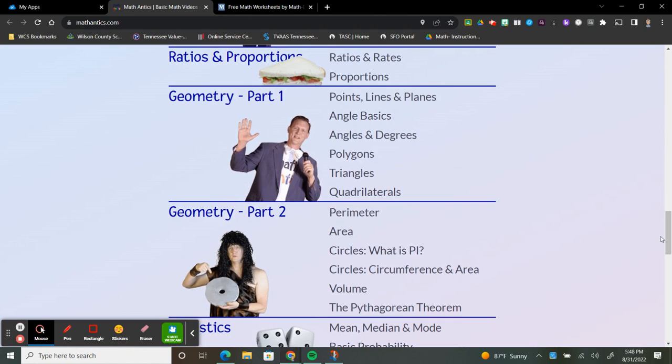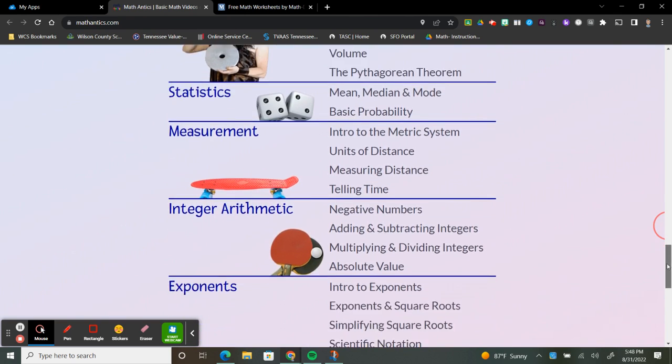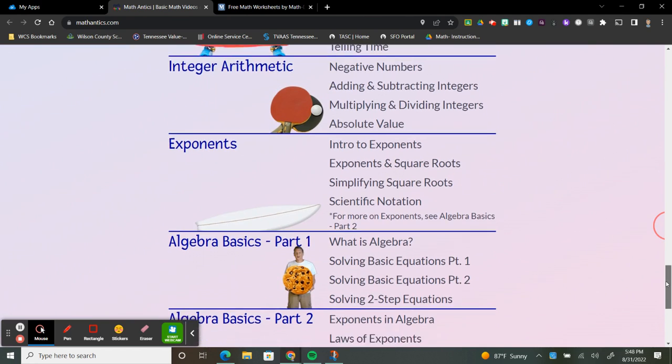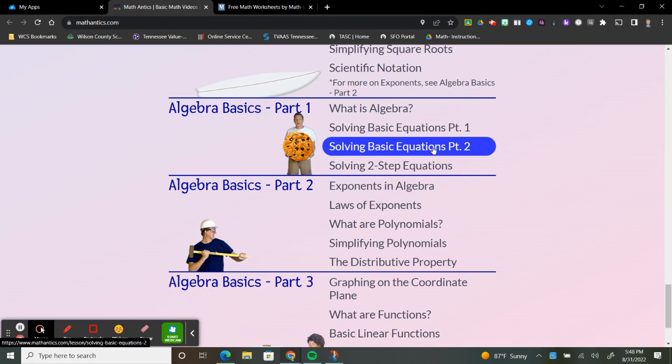We do have geometry, so perimeter would be a review. Area, we talk about area. We'll get into volume in a little while in math. Mean, median, mode, all of those things. We'll talk about exponents. We get into solving basic equations.